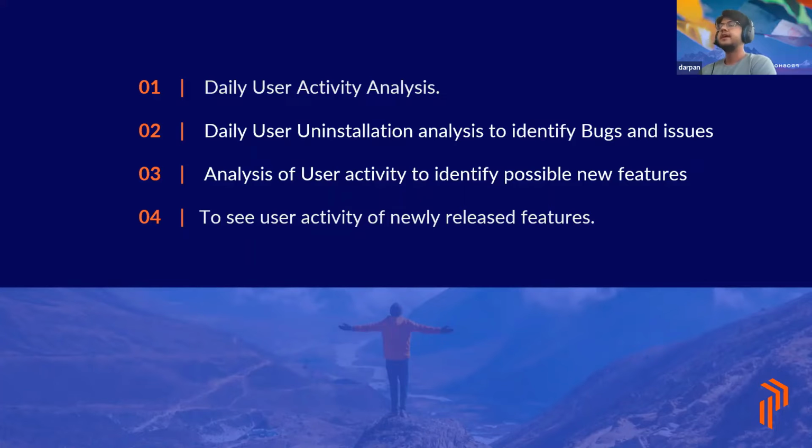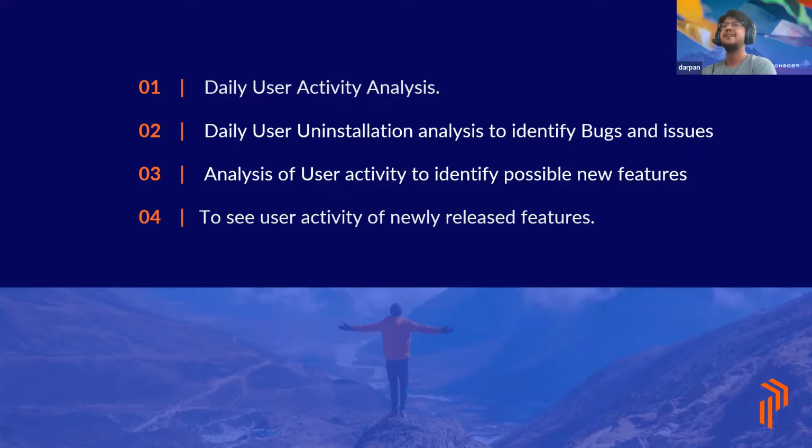Also, like I explained earlier, previously we did not know how our newly released features were working. We might get some data from the client who had requested a feature, but we did not know how the other users were reacting to that feature. Was it working well? Was it working as intended? And like I explained earlier, no feature is perfect at the beginning, and there are always some bugs.